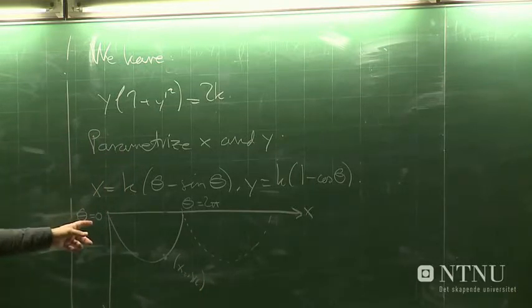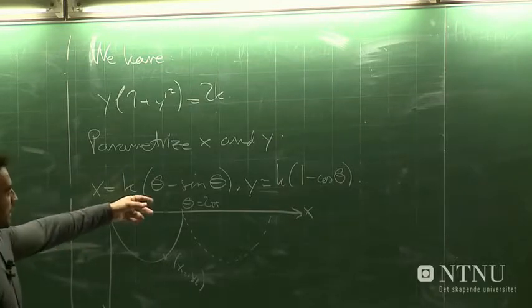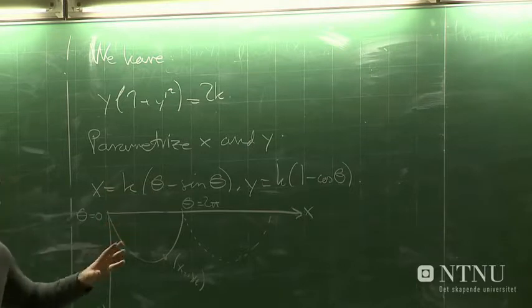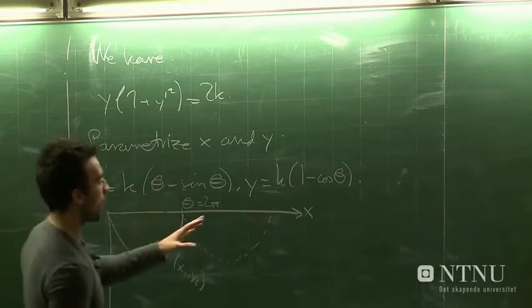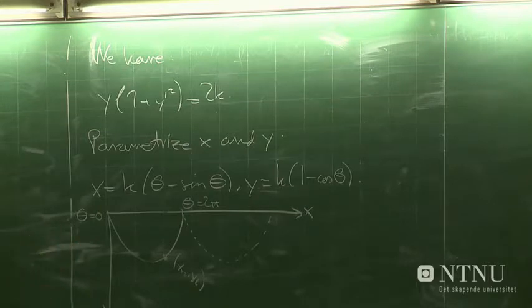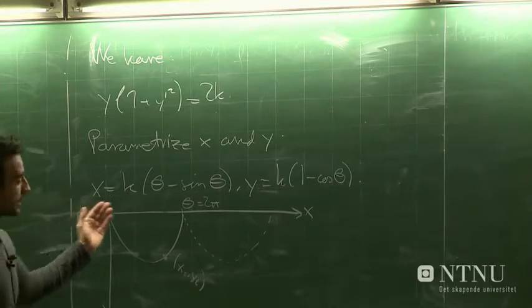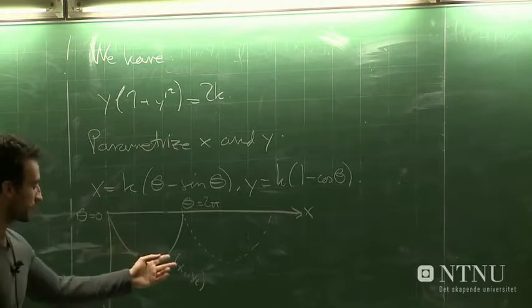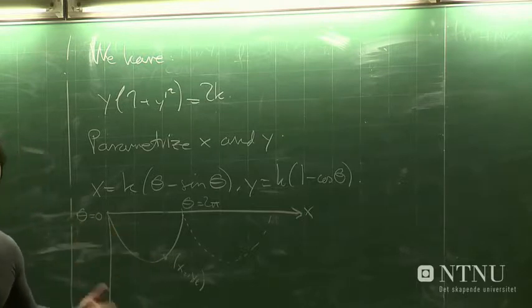You see that if we start out at 0, then x is 0, starting at point 1, and y is also 0. It's starting off in the origin of the coordinate plane. Then as you increase theta, it will take this parabolic-like curve down to the second point.